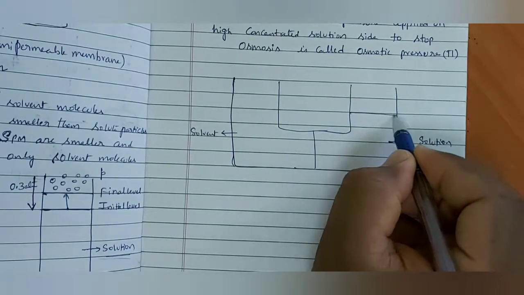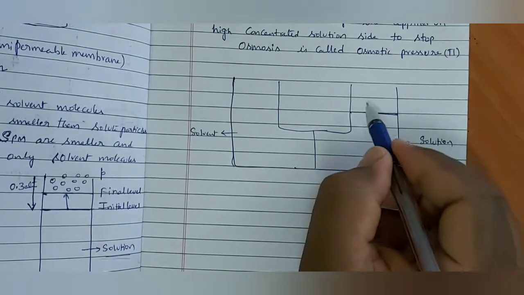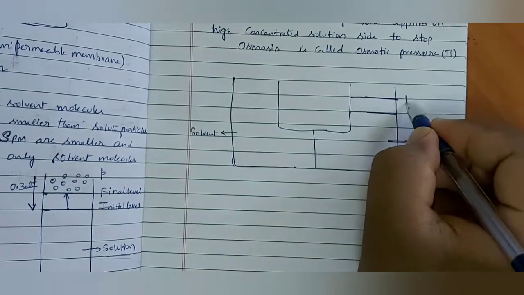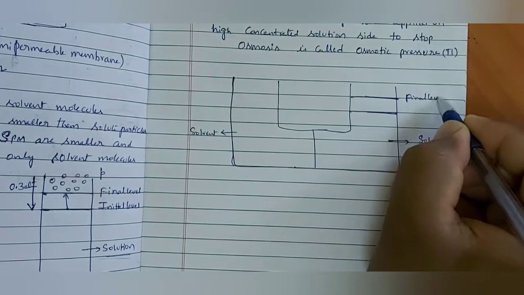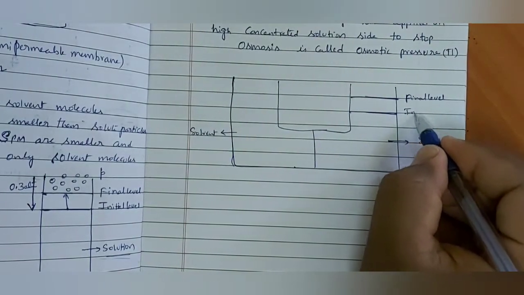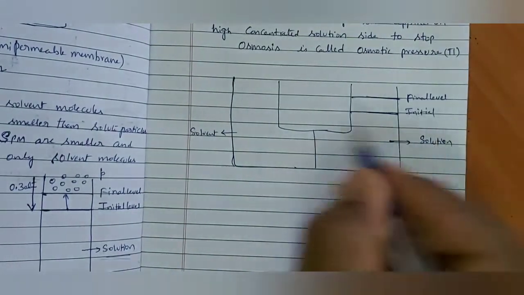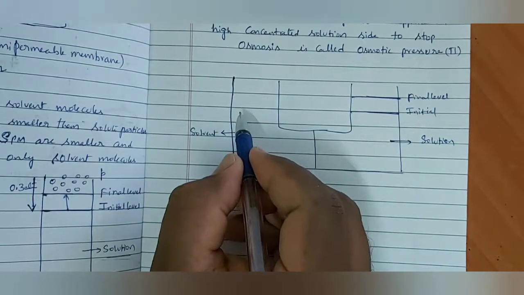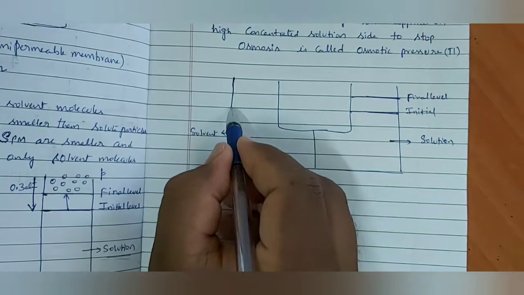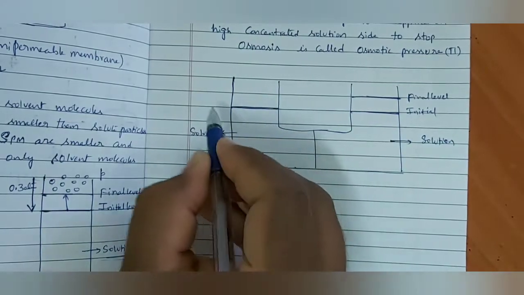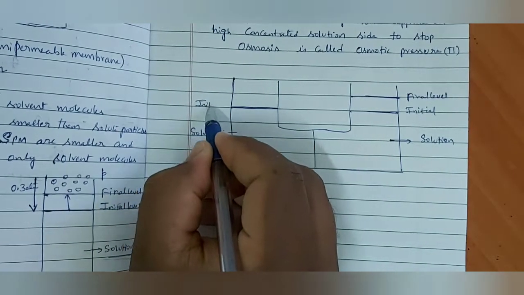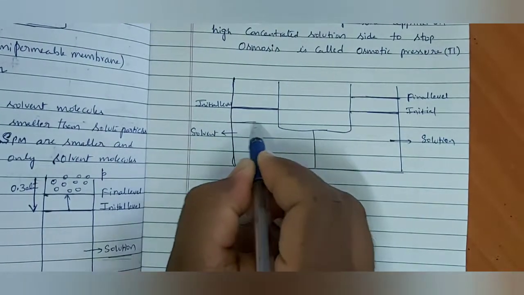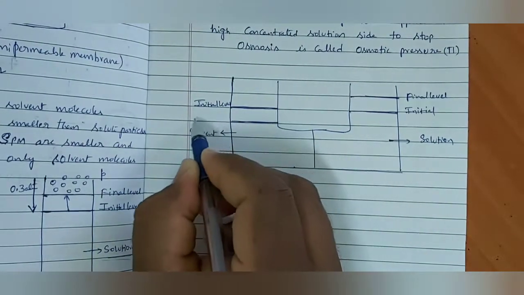This is the initial level of solution and this is the final level. This is the initial level of solvent and this is the final level, decreased.